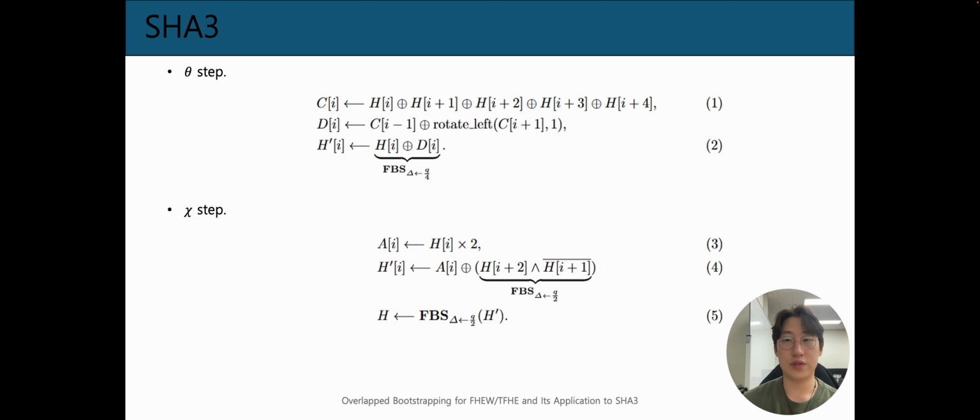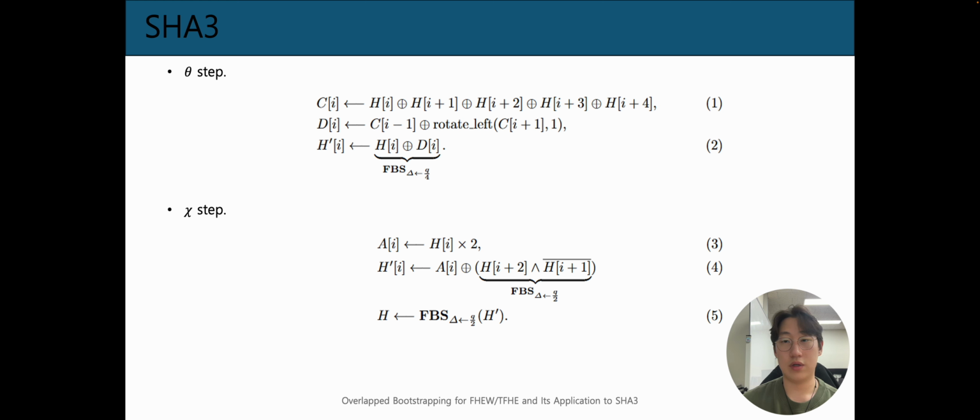And first, we start with the encrypted state using a scaling factor of Q/2. And in line 2, the scaling factor of the state value must be adjusted to Q/4, because in line 4, we need to perform AND gate operations on those values. And in line 3, we multiply the state by 2 to enable the XOR gate operation with the result of the AND gate.